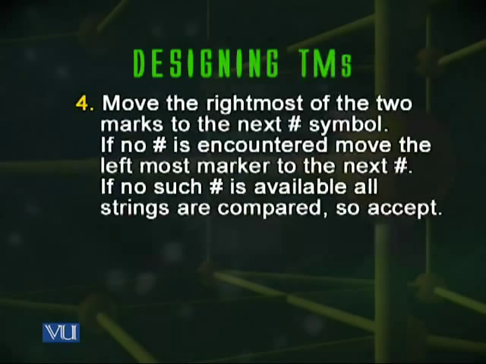We will move the rightmost of the two marked hash symbols to the next one. If no next hash symbol is encountered, then we'll move the leftmost one to the next one. If no such hash symbol is available, all the strings are compared, so we will accept. Then we will repeat this process over and over again. Once again, we'll zigzag and make sure that the two strings are not equal and continue to step 4 and so on and so forth.